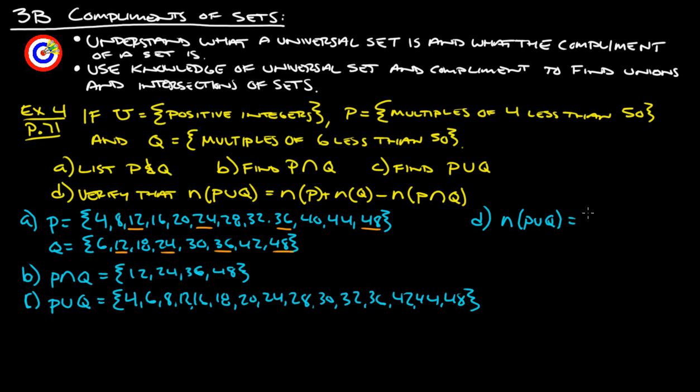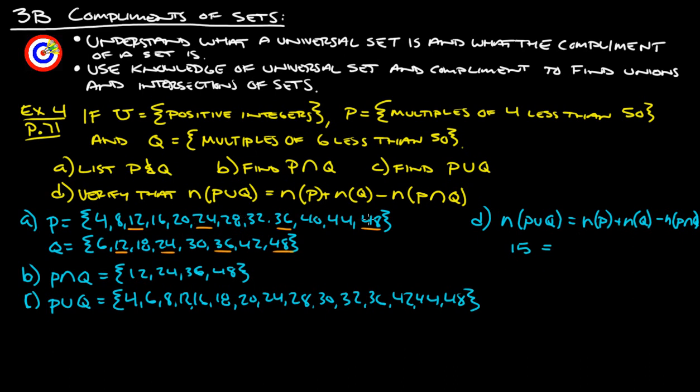Alright, so let's do this. N of P union Q should equal number of P plus number in Q minus number in P intersect Q. Ugh, didn't quite fit that all in, but you get the idea. So, we just figured out that the number of elements in P union Q is 15.